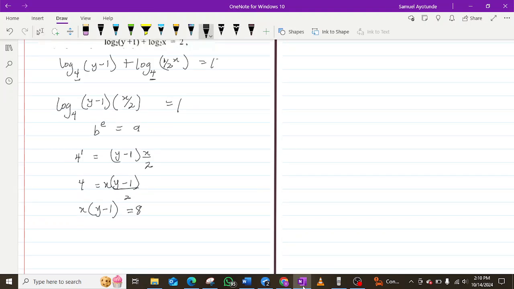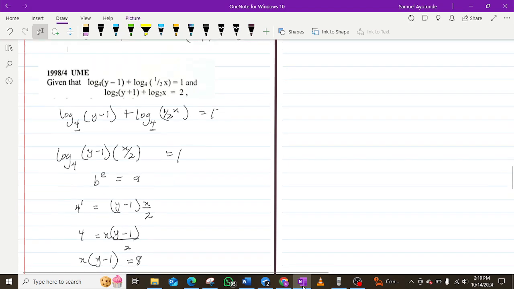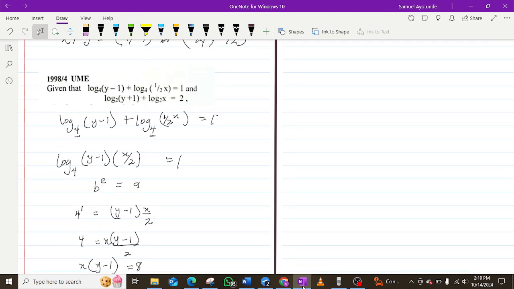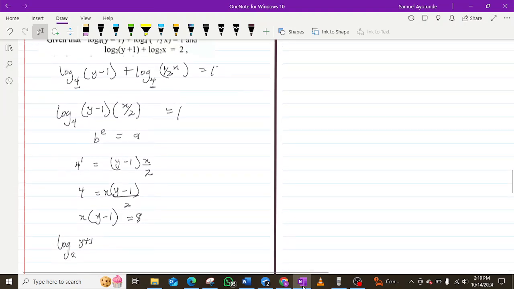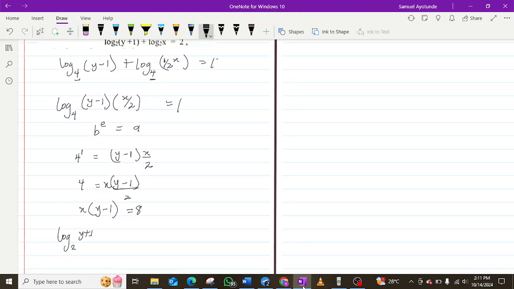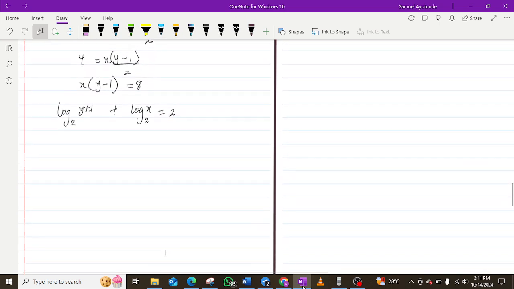For the second, where we have log base 2 of (y plus 1) plus log base 2 of x equals 2, I will apply the first law to the left hand side of the equation.